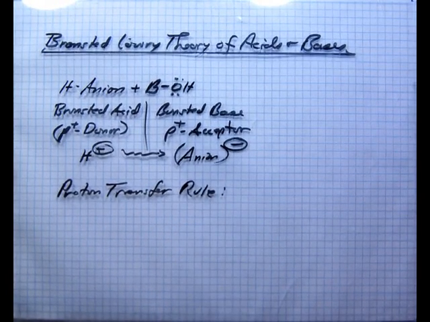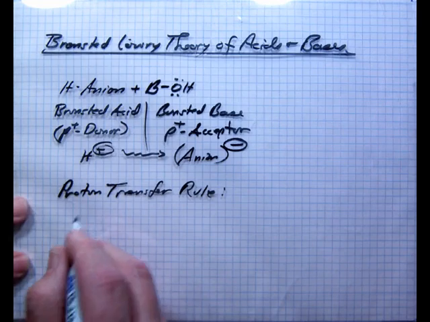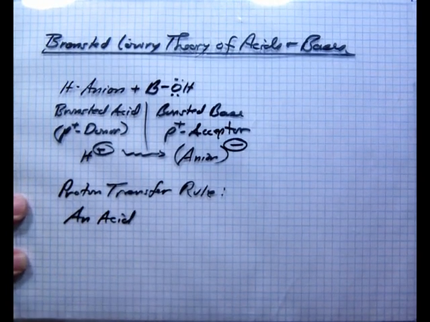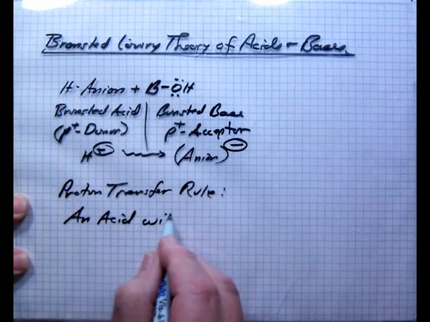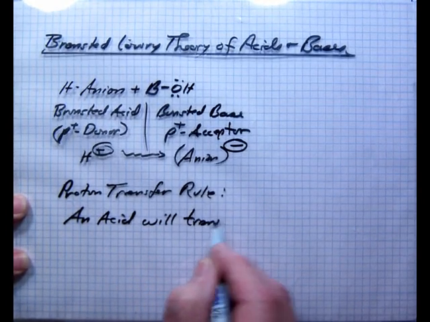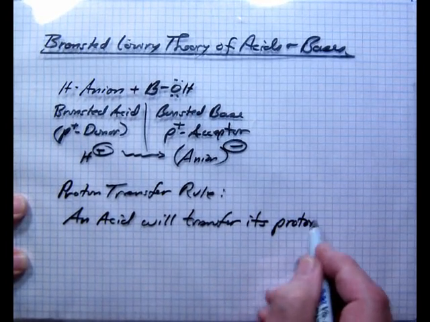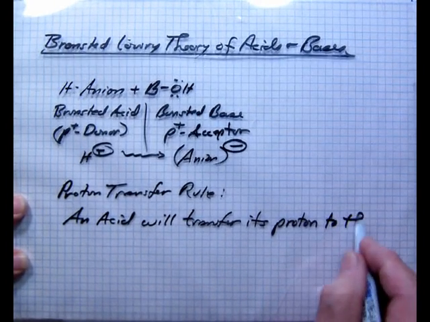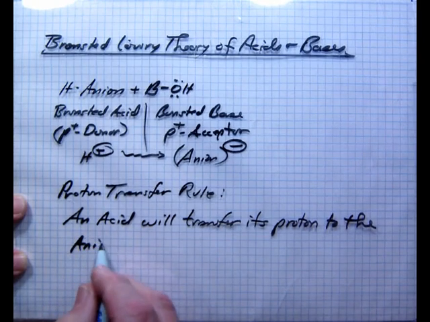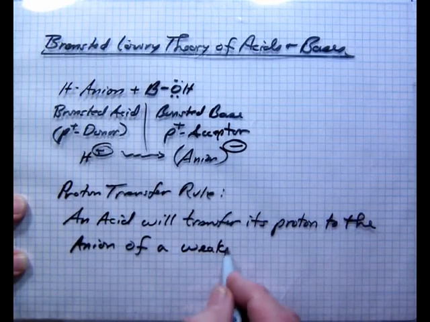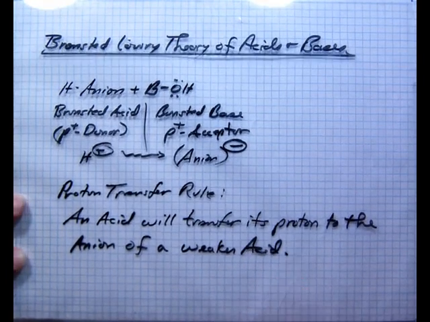Now, this can be couched in different ways depending on what constants you're using, but this one will fit here. An acid will transfer its proton to the anion of a weaker acid.